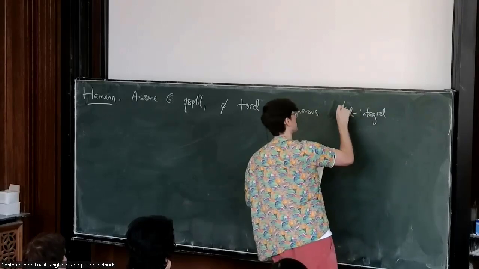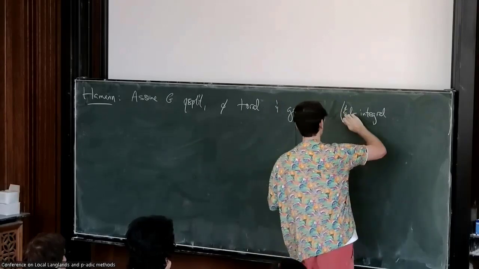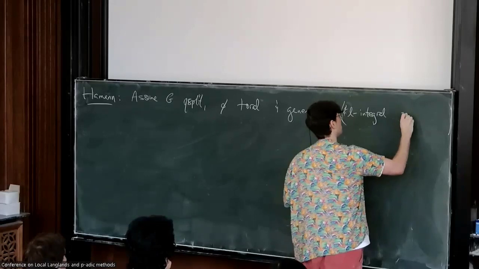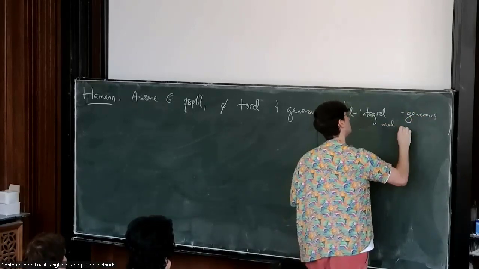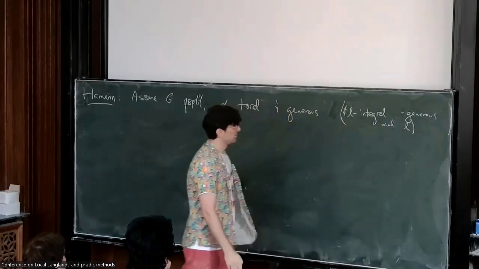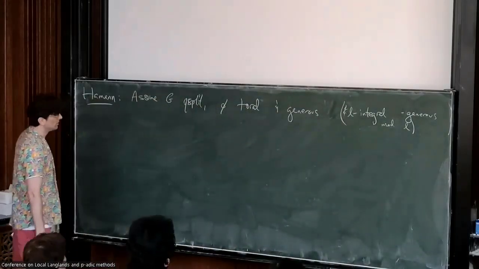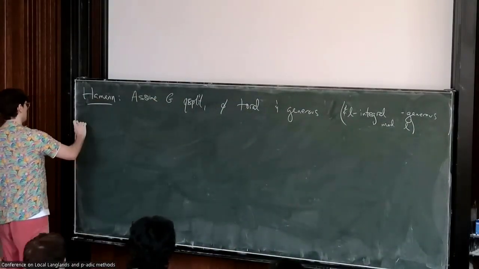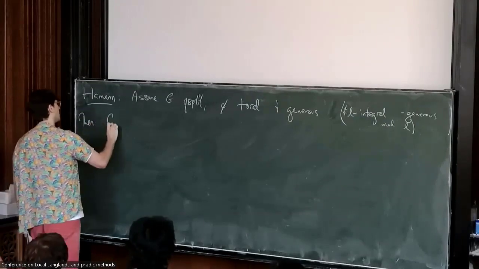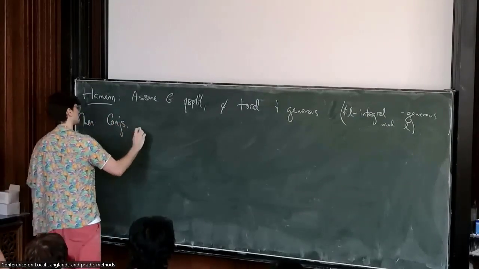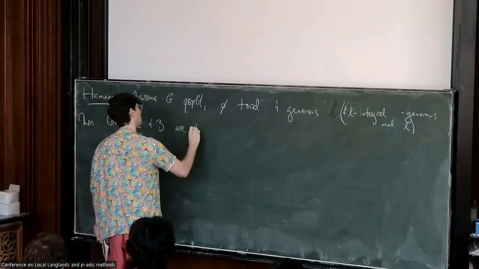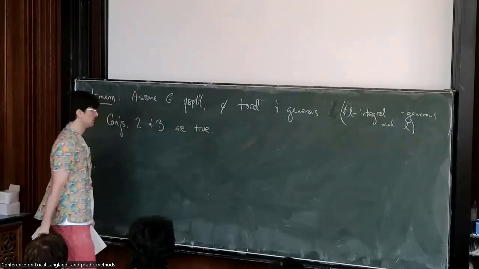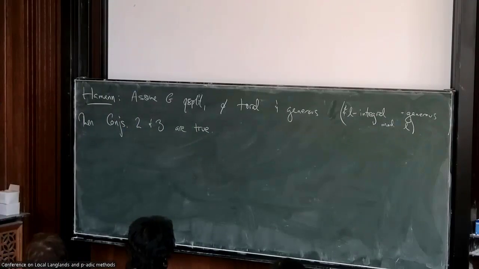Let me put this in parentheses because it's annoying, and it should disappear once some of the machinery improves. That's L integral, and it's still generic mod L in some sense. Then conjectures 2 and 3 are true.